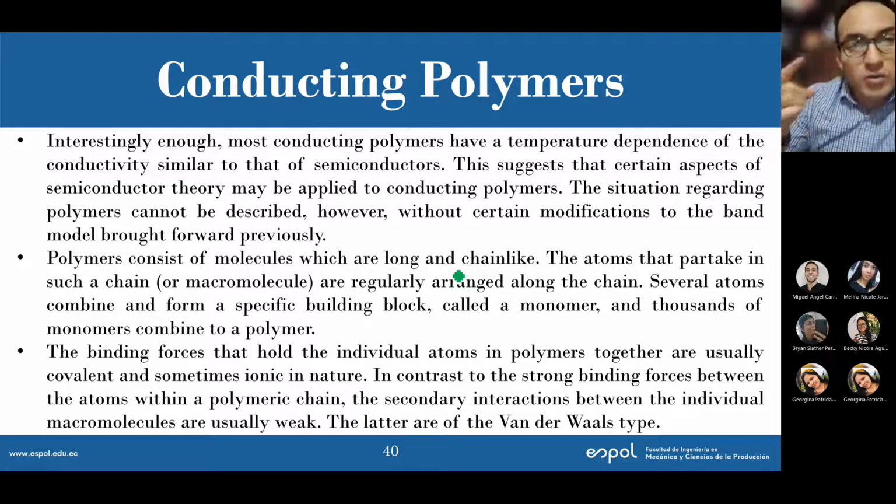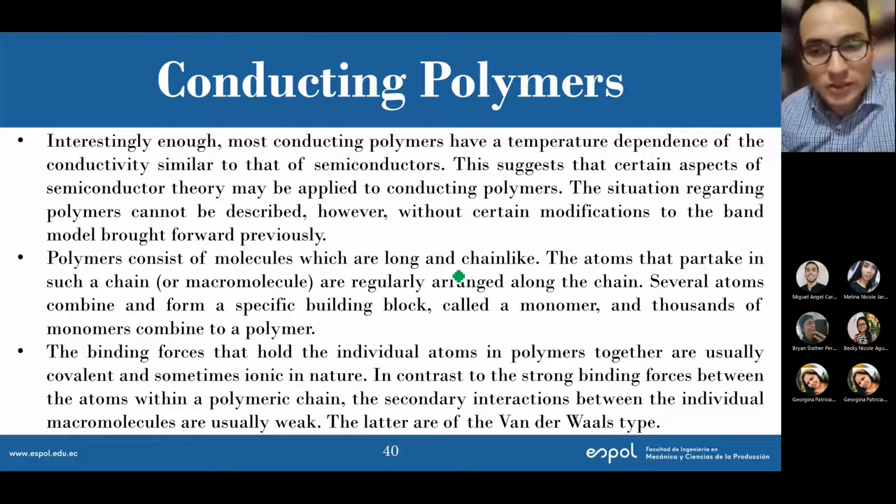However, between the polymeric chains, we know that the secondary interactions, the interactions between macromolecules, are actually quite weak, and we know that they have a sort of secondary binding, like van der Waals type binding, right?